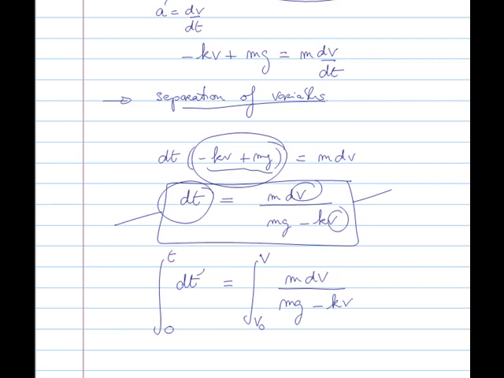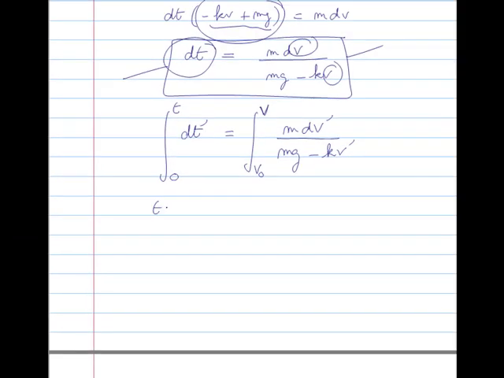Same as the left hand side, if I have v here, I need to change this to v prime, and it's mathematically correct. So the left hand side is very easy. This will give me t prime evaluated between t and 0. Now on the right hand side, I can make it a little bit prettier. I can factor the m out, and I can take the k away.